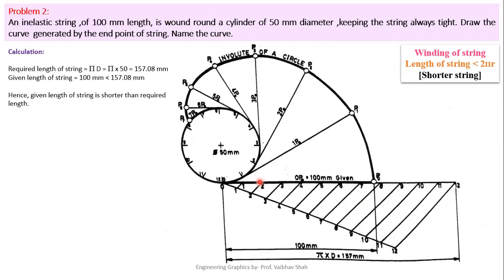So we'll be having the additional string left with us from point number 2 till P0. So take out your rounder, take the distance from your point 2 till P0 and put your rounder at point 2 on the circle and try to cut this tangent line of point 2 to get this P2 point.